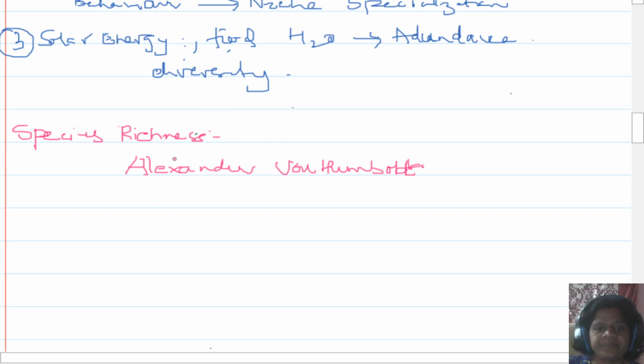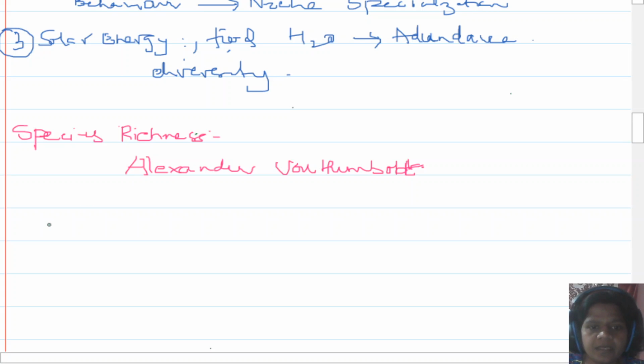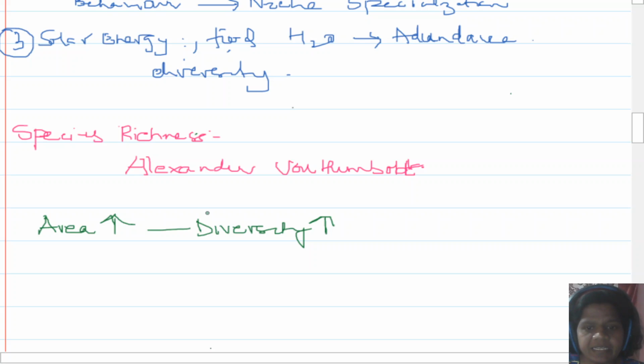According to him, as you increase the area, the diversity also increases. The variety of species found also increases.